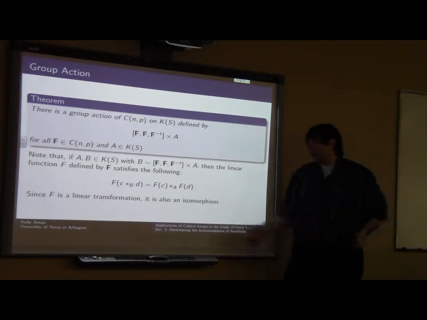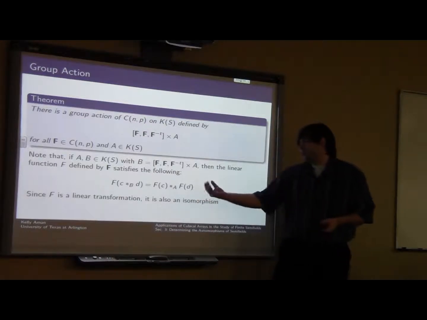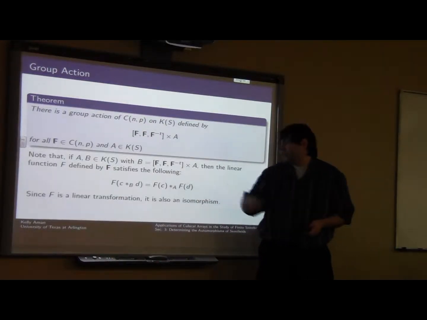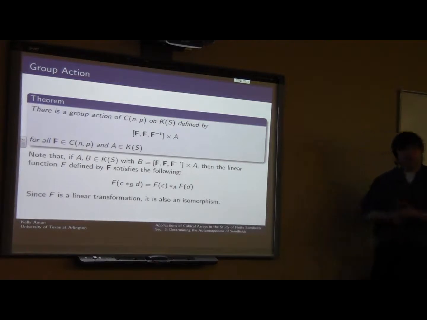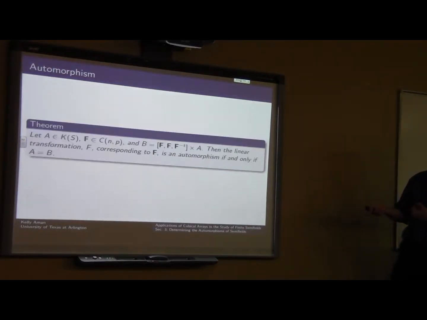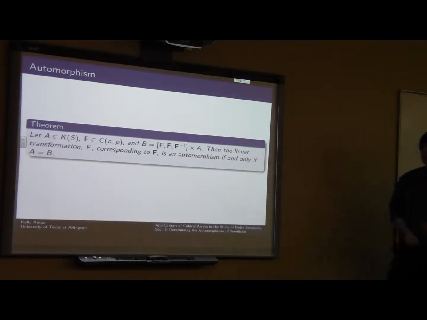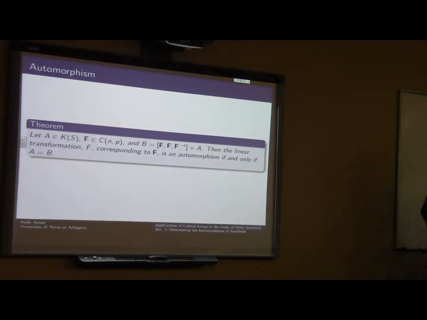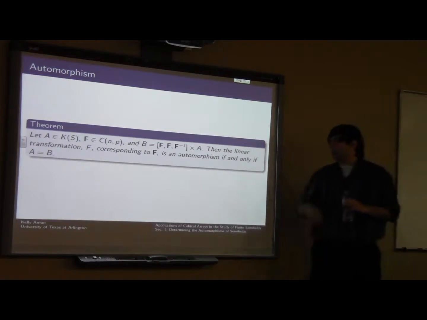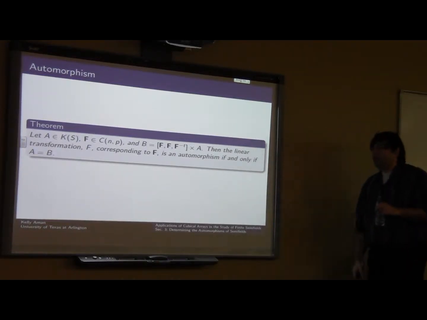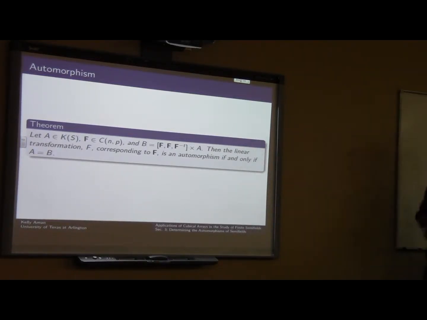This is going to be an automorphism if your multiplication on the left side and the right side are both equal, and that's going to happen if and only if your cubical arrays A and B are equal, which gives us our result. So if you've got A in K_S and F in C_n(p), and you let B equal (F, F, F inverse transpose) times A, then the linear transformation F corresponding to that matrix F is going to be an automorphism if and only if A is equal to B.